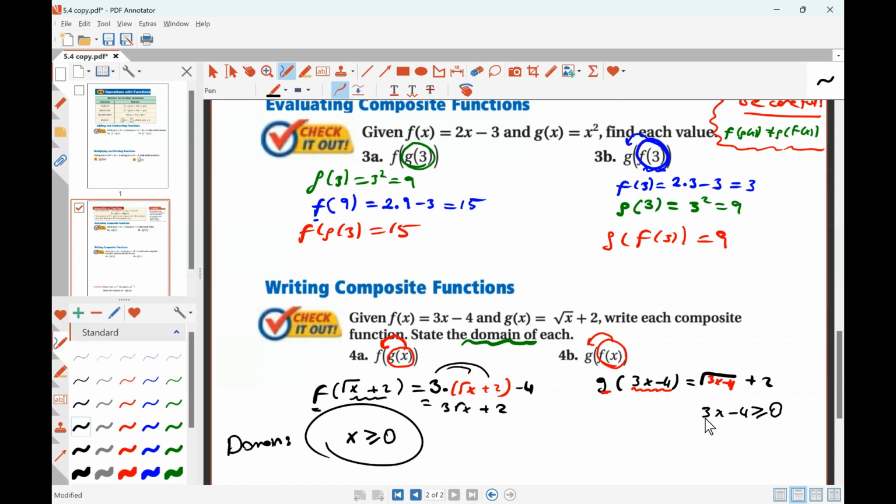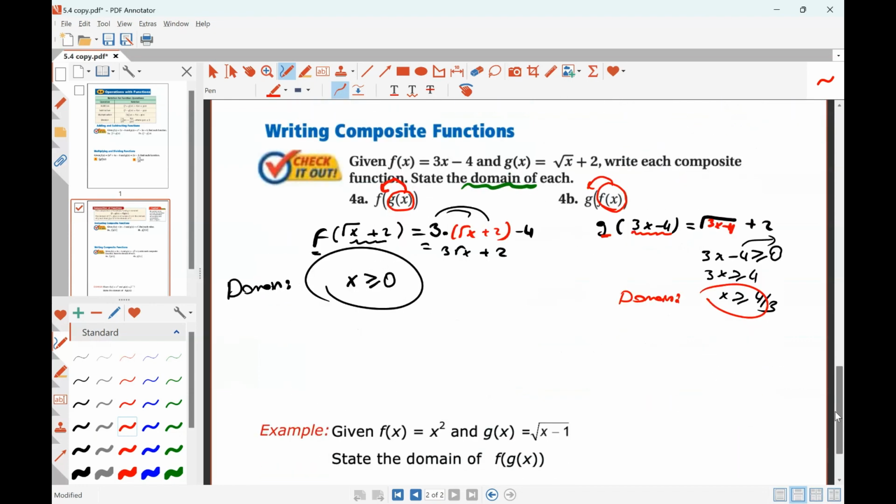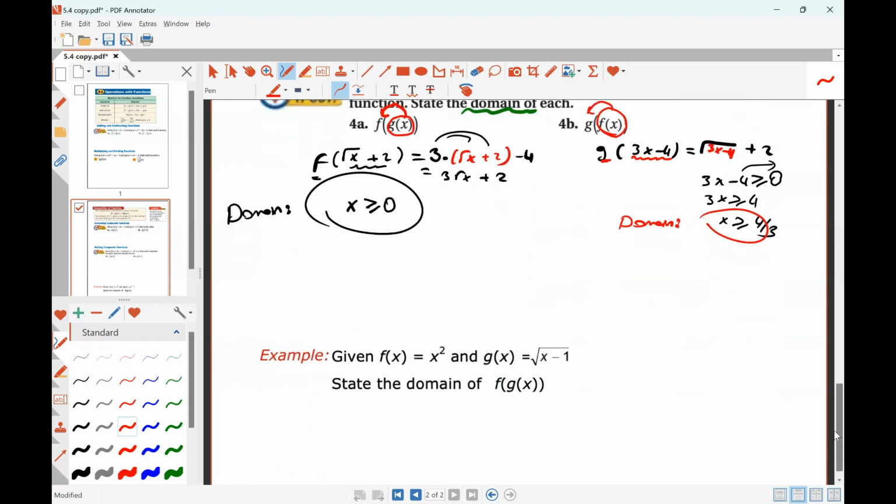So the intersection between all real numbers and this is this. The smaller domain will be our domain. Isolate x, bring negative 4 to the other side. 3x is greater than or equal to 4 and x is greater than or equal to 4 over 3. So that becomes my domain of part B.